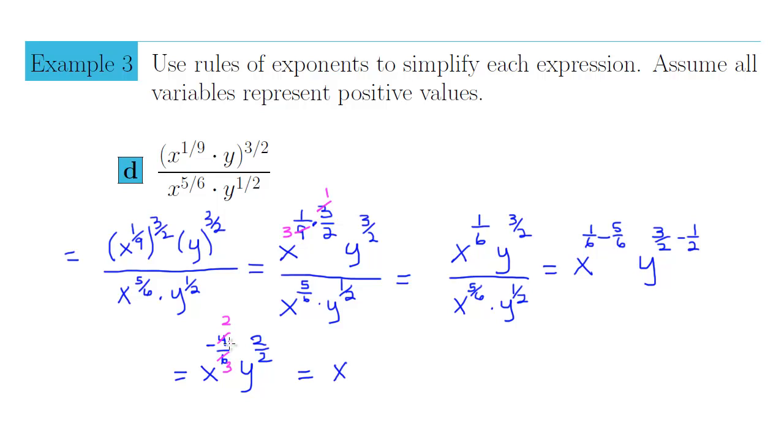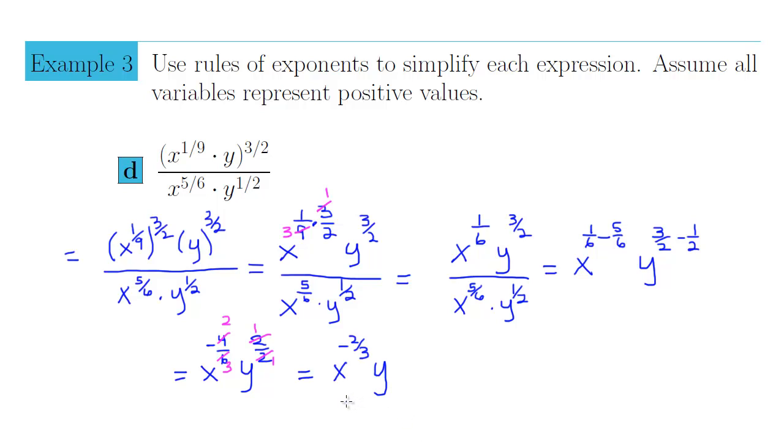Because 2 divides into both 4 and 6. So we have x to the negative 2/3 power. Y, well, 2 divided by 2, 2 is also a factor of 2 and 2, so that's just y to the first power, right? Or just y. So we have that this expression is simply x to the negative 2/3 power times y.